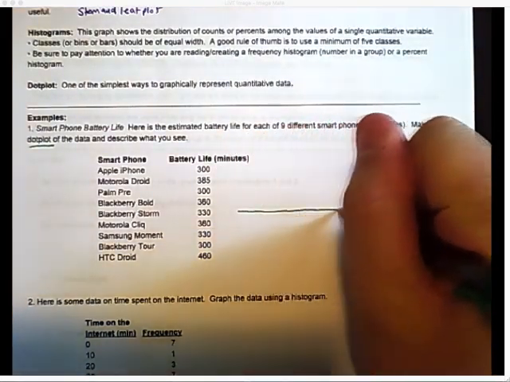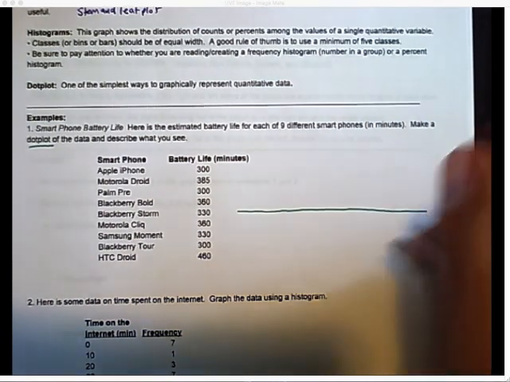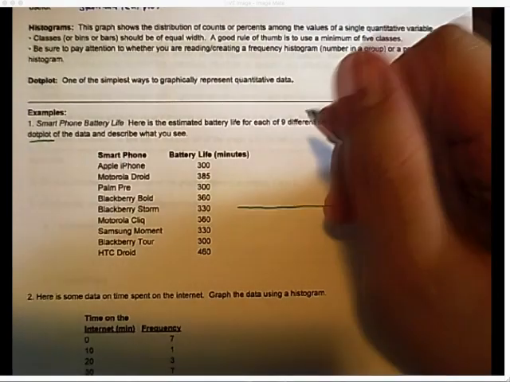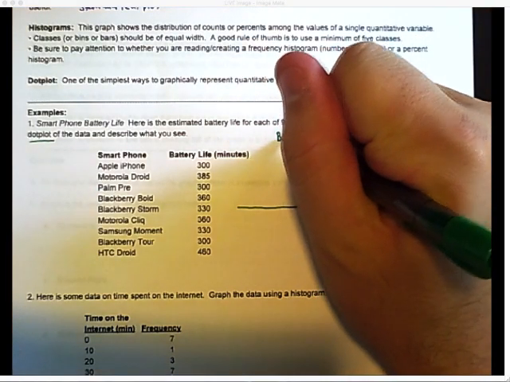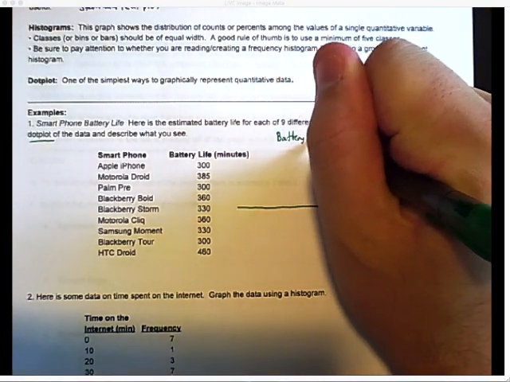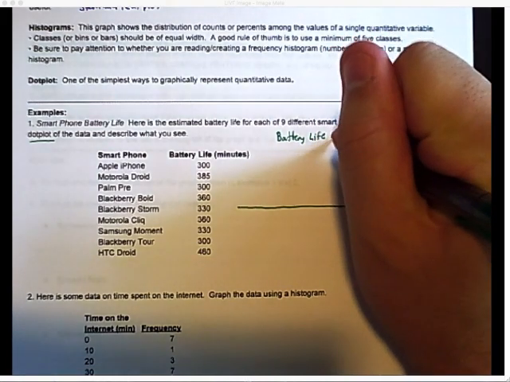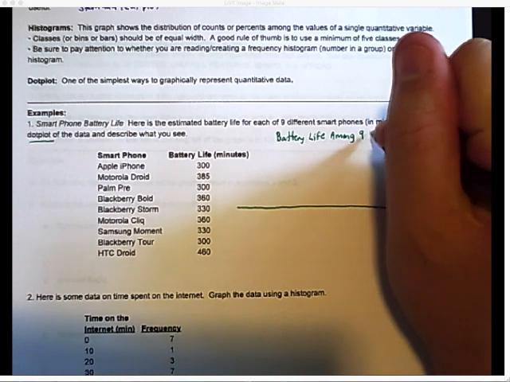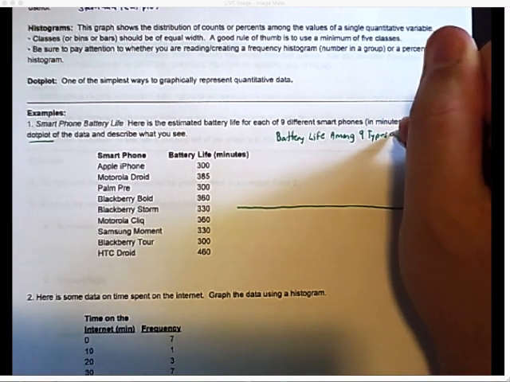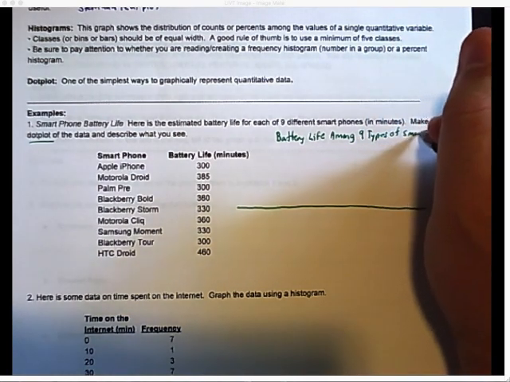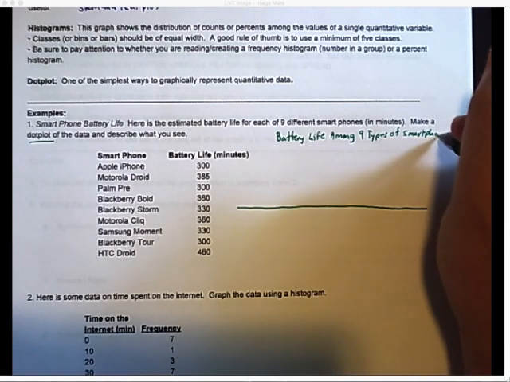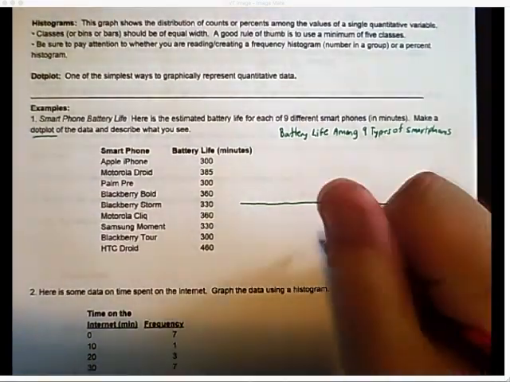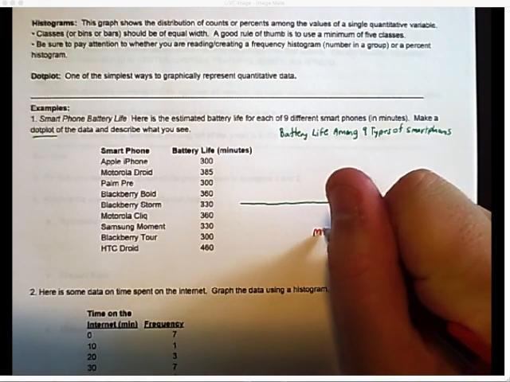So if I'm going to make a dot plot, I'm going to put a line. I'm going to give it a title, so we can call this battery life among 9 types of smartphones. Down at the bottom here, I'm going to give this axis a label, and we're going to call that minutes.